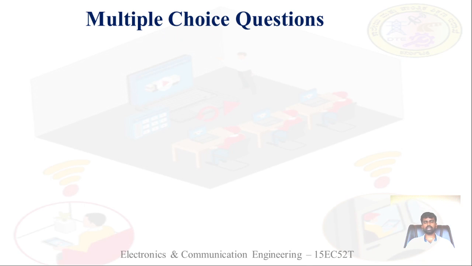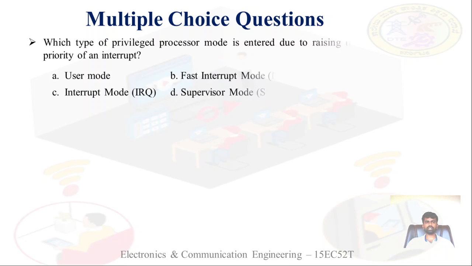Okay, now we'll see some multiple choice questions. Number one: which type of privileged processor mode is entered due to the raising of a high priority interrupt? There are 6 privileged processor modes, right? Options are user mode, fast interrupt request mode, IRQ mode, and supervisor mode.